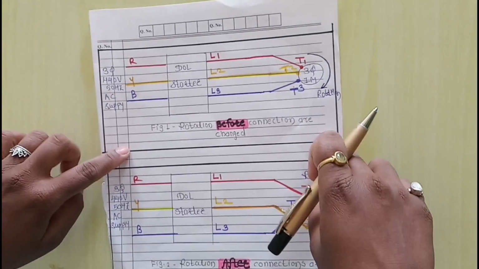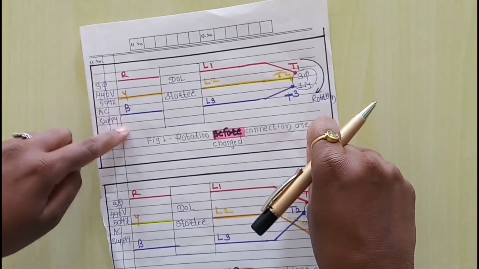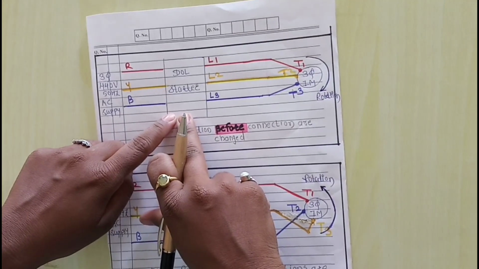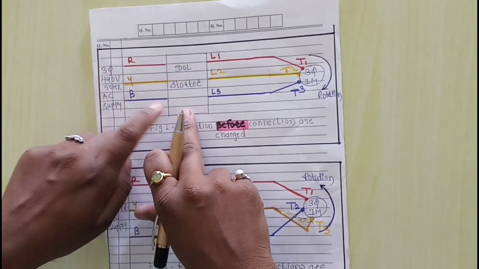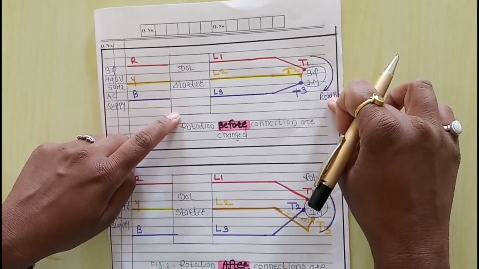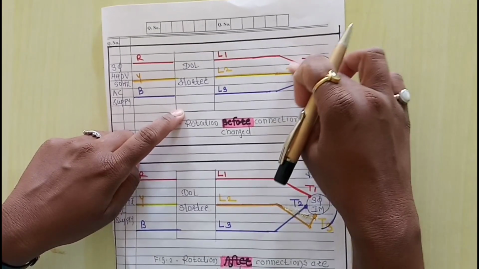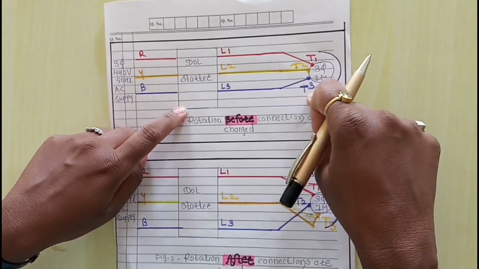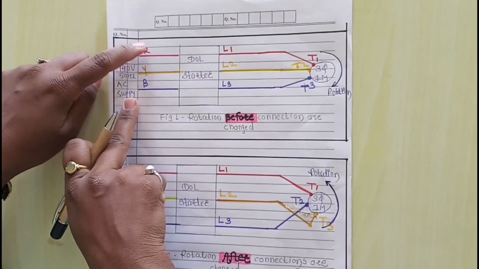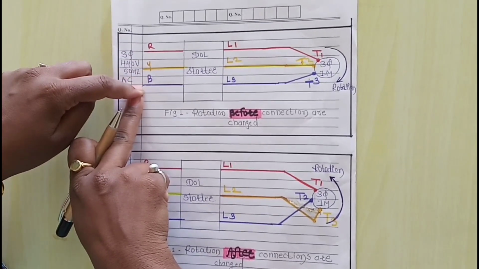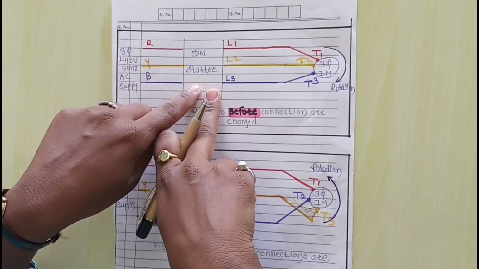For the normal operation, we are connecting the three-phase AC supply, 440 volt 50 Hz. Again we are using the DOL starter, that means direct online starter, and here we are taking the three-phase induction motor. It has three terminals on the terminal box: T1, T2 and T3. The three-phase supply lines are R, Y and B. Next we are connecting the DOL starter.